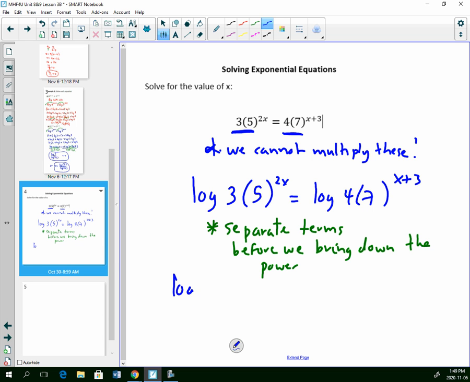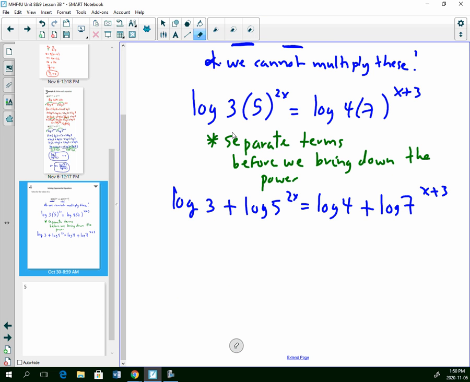So we're going to do log 3 plus log 5. So we're changing multiplication to addition, and the same on the right. We're going to do log 4 plus log 7. Okay, so we log both sides, we separate terms, and then we're going to bring down any powers. So now I can bring this down, and now I can bring this down.